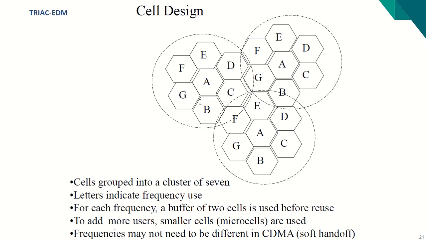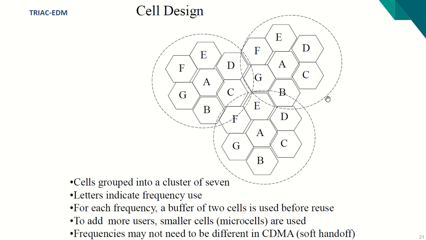So the cell design, this is briefly mentioned before. We have F, for example, this called F. Cells are grouped into a cluster of 7. So we have 1, 2, 3, 4, 5, 6, 7, and that's a cluster.